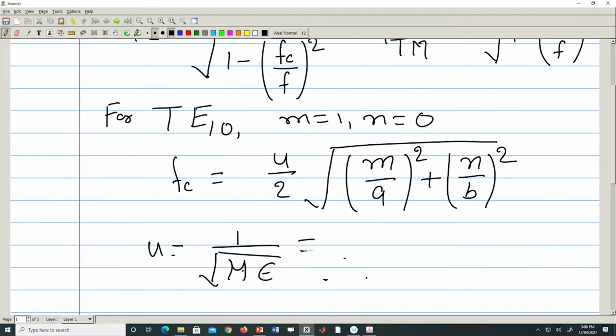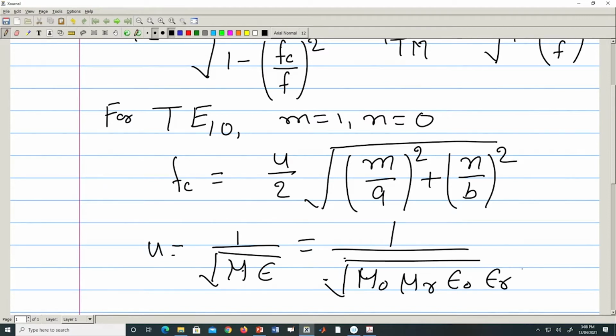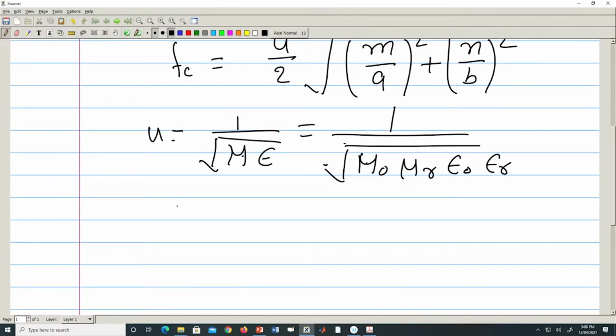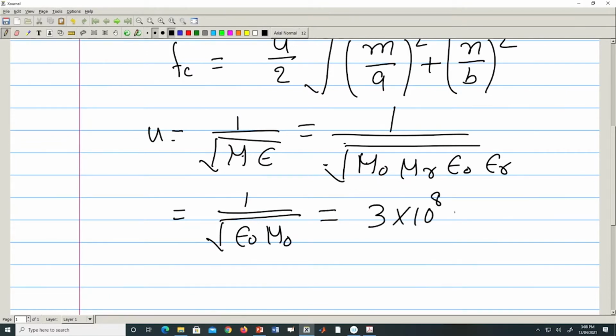So, it will be 1 by the square root of epsilon naught mu naught, equal to 3 into 10 to the power 8 meter per second. From here we can calculate the cutoff frequency. We know m, n, a, b and u, so from this we can calculate the cutoff frequency for the TE10 mode.